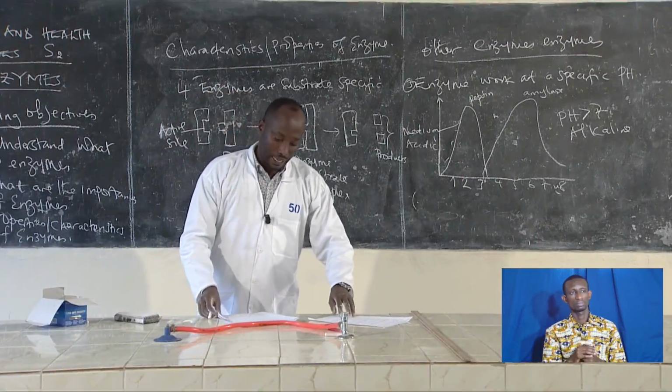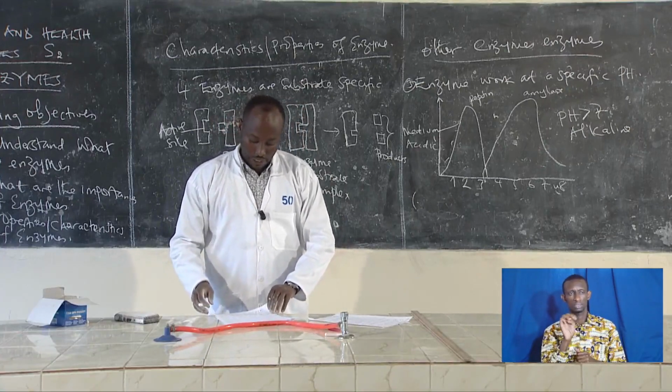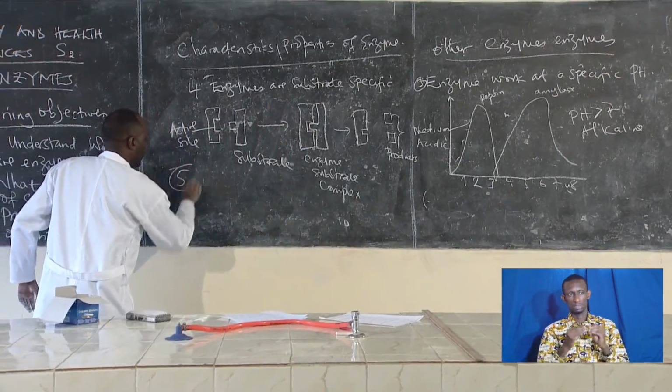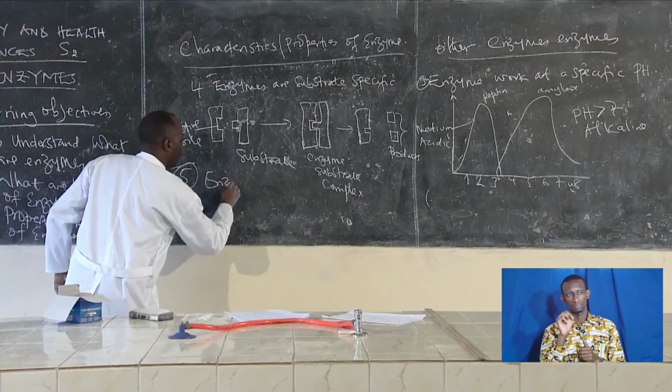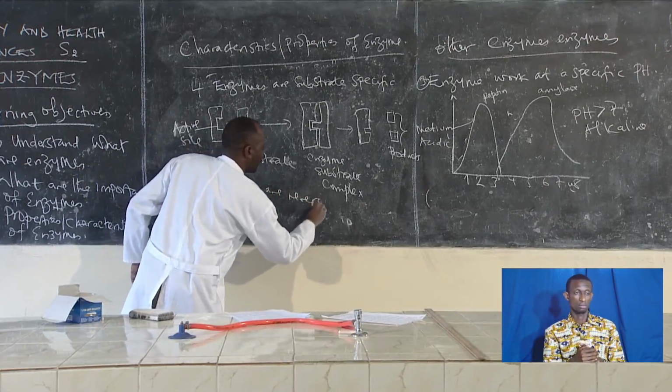Another characteristic of enzymes: they are reversible. That is number 5. Enzymes are reversible.